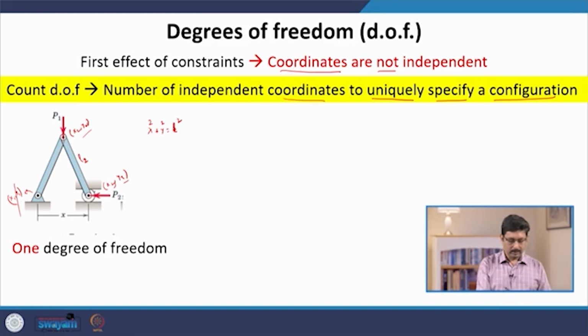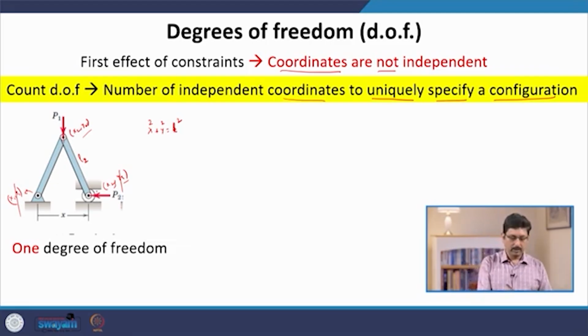Now, in this case, because this rod is allowed to move only along this channel, for all the possible allowed configurations, y3 is also a constant. So, you can drop y3.